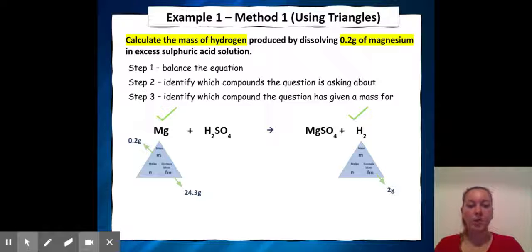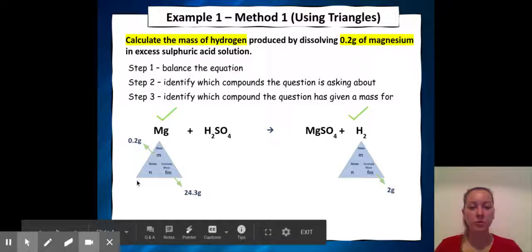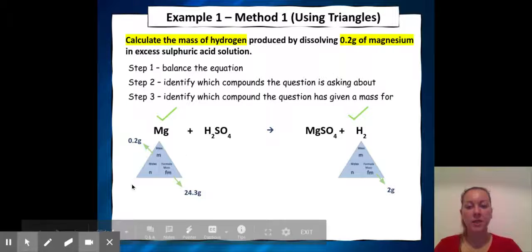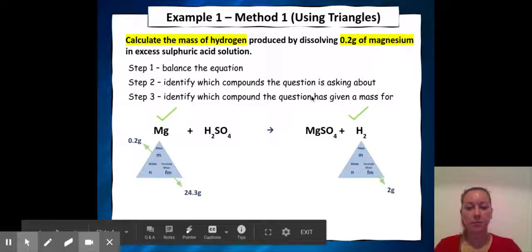We know that the formula mass for hydrogen on the other side is 2 grams, and we want to calculate the mass of hydrogen. So what we're going to need to do here is work out the number of moles that we have of magnesium. If 1 mole of magnesium here produces 1 mole of hydrogen on the other side, then we can simply transfer that number over to the next triangle.